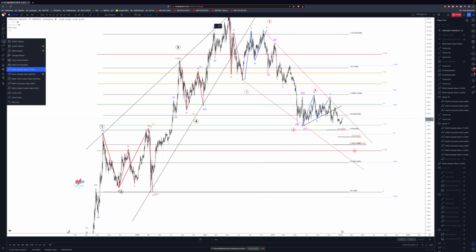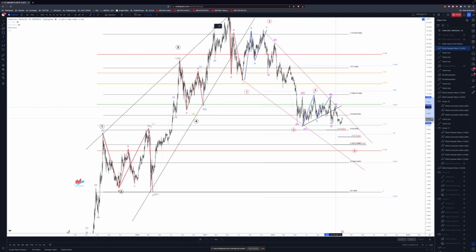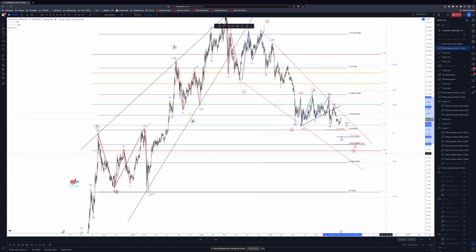Now the subwave is probably going to be 1, 2, maybe. If the ultimate goal is there, maybe we get a 3 and a 4 and a 5. And if you look at it from a wedge perspective, the worst case scenario is that there, wave 5. But at the moment, I'm looking for that, and then the bottom formation.